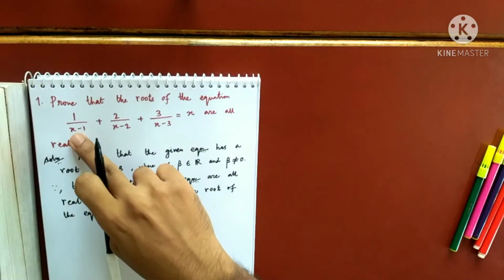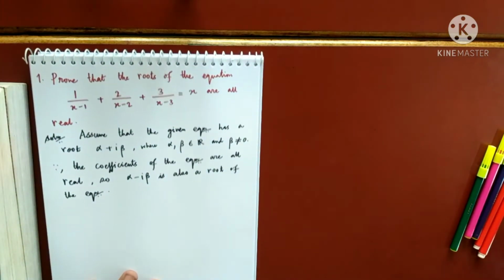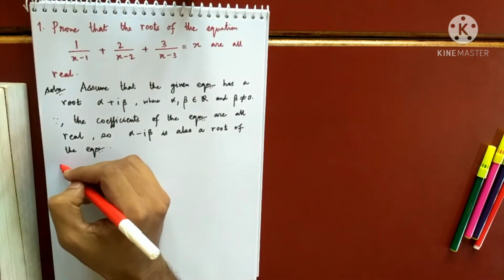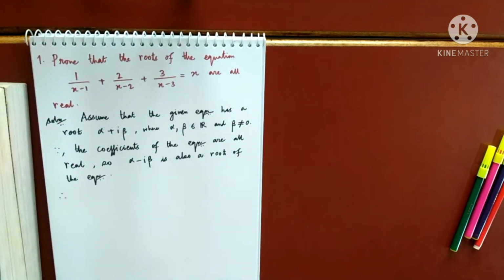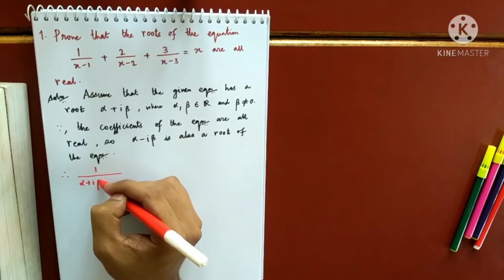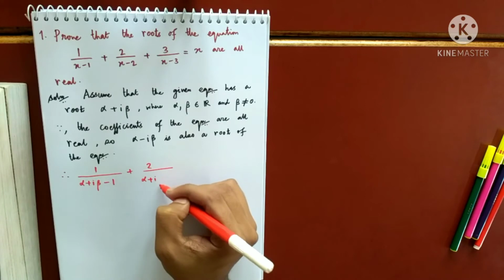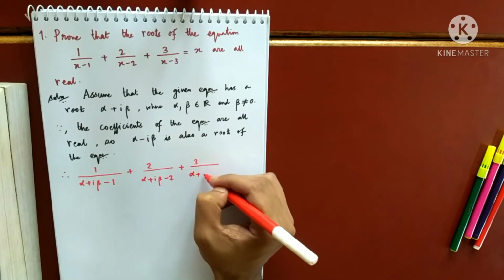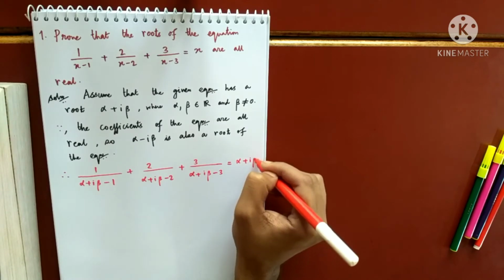Because this is a root, in place of x we'll put this, and because this is a root, in place of x we'll put this. Therefore, 1 by alpha plus I beta minus 1 plus 2 by alpha plus I beta minus 2 plus 3 by alpha plus I beta minus 3 equals alpha plus I beta.